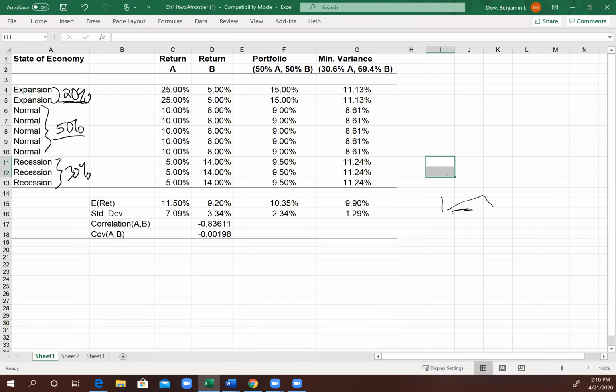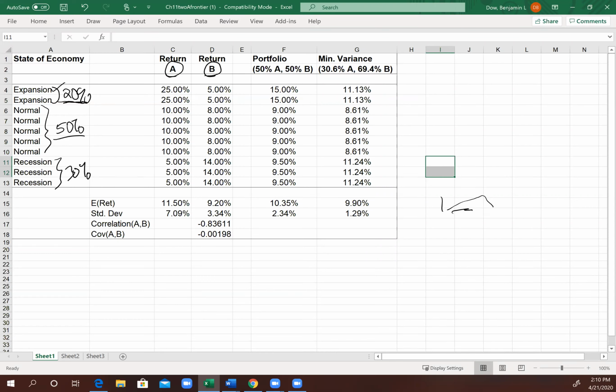So what this is looking at is what happens to the return of different securities. This could be a stock fund and a bond fund. We look at these two securities, and during an expansion, A will earn 25% during those large expansionary periods, which is only 2 out of 10 years.